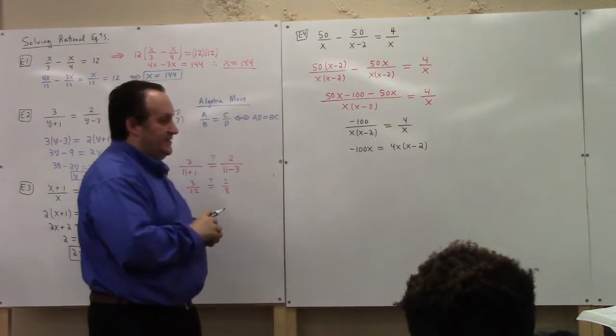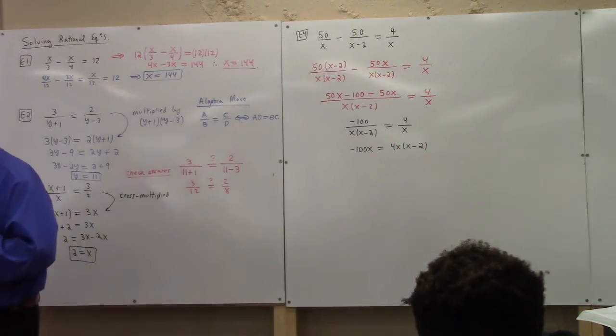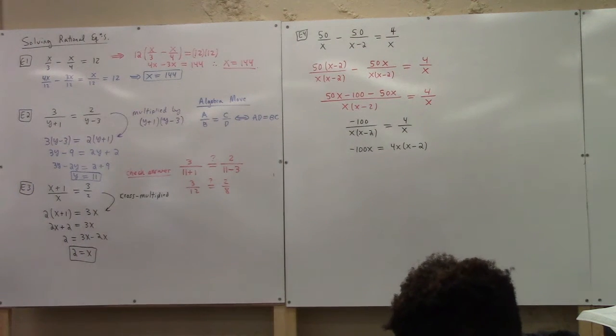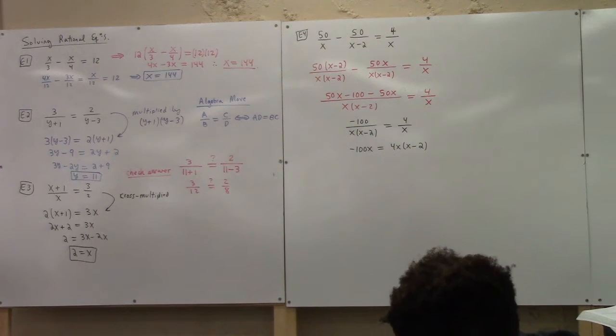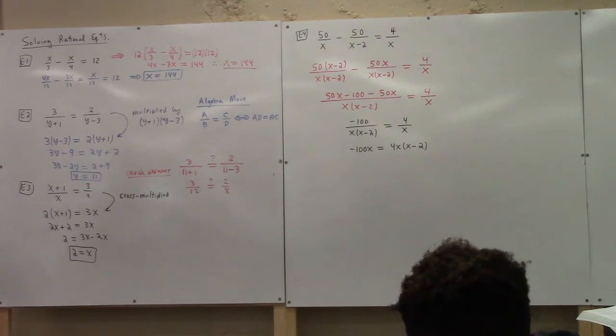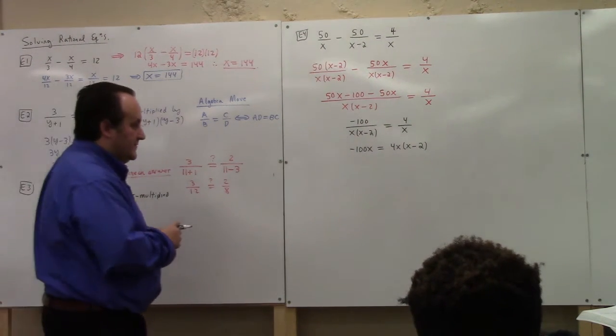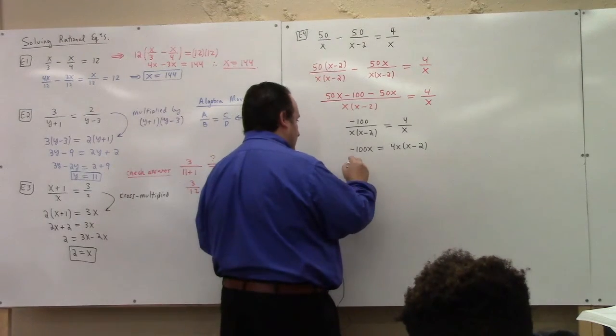We're still not done. And look at this. We're not left with a linear equation like we've had in the past examples. This is a quadratic equation. But the good news is we can solve quadratic equations, right?